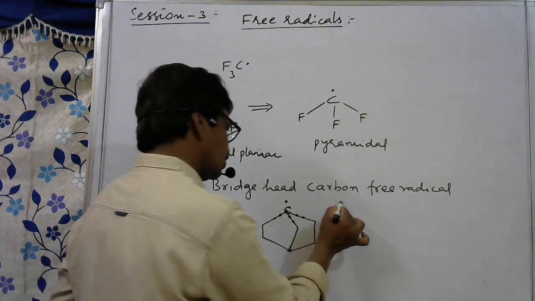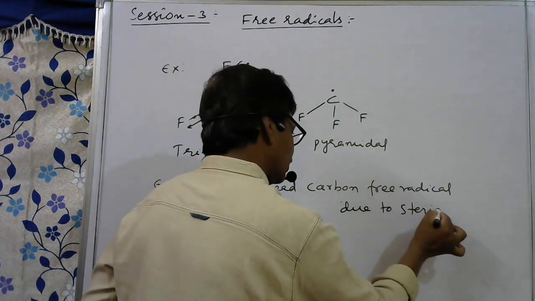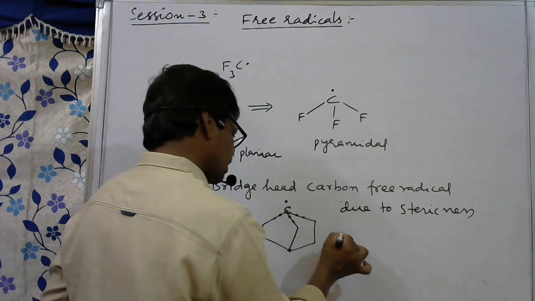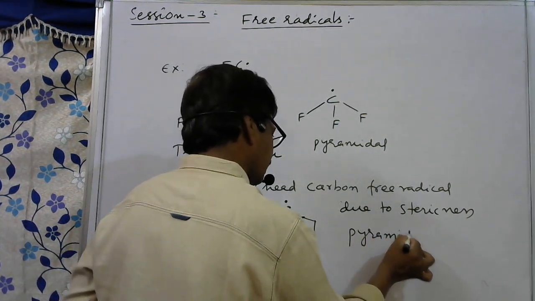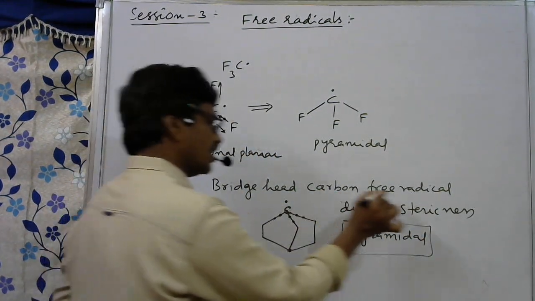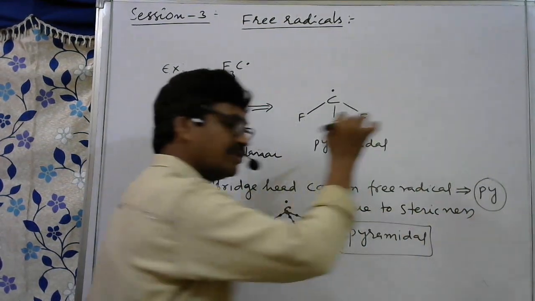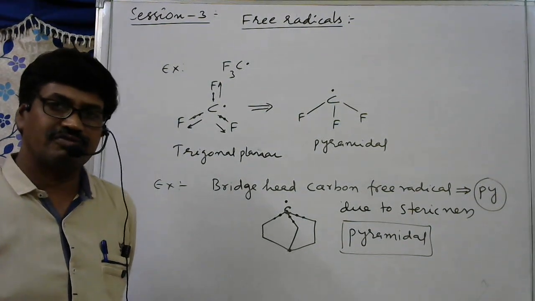Due to stericness, this free radical also becomes pyramidal in shape. This is important: bridgehead carbon free radical is pyramidal in shape. So these important things you have to remember for free radicals.